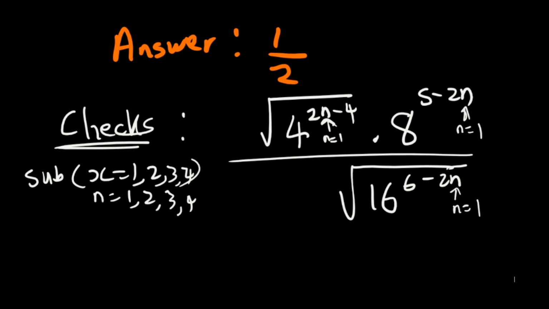Or 2 or 3 or 4, any value, even if it's negative 1, negative 2, just substitute any value of n and punch it in your calculator. So you're just going to substitute it here and punch everything in your calculator. If you get this 1 over 2, then that means that our answer from the previous solution is correct, right? So that's how you check yourself if you've simplified these problems correctly.